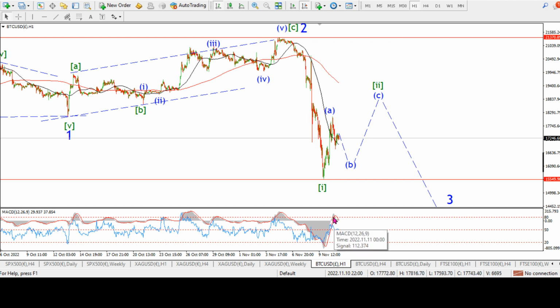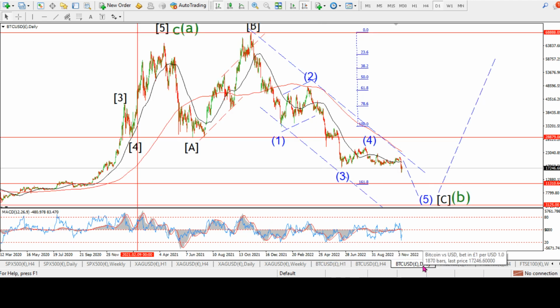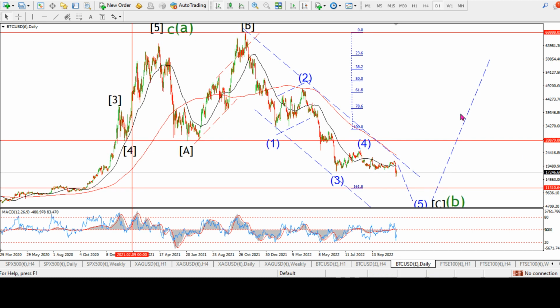We're not done yet, so if we go to the hourly or the daily count, let's say, we are nowhere near done yet. So I would suggest just hold off on Bitcoin. This decline has not worked its way through the system yet.